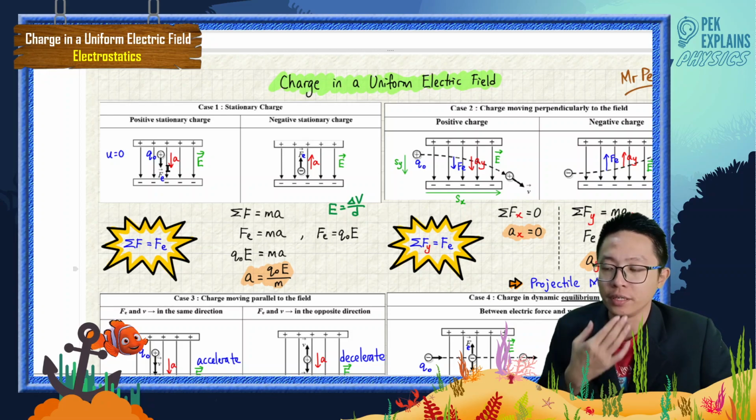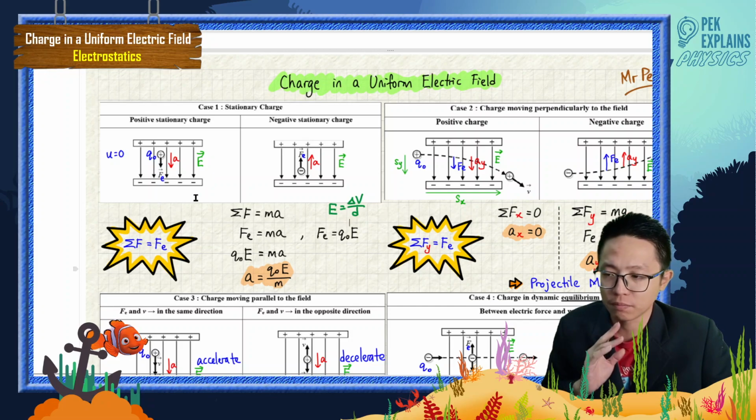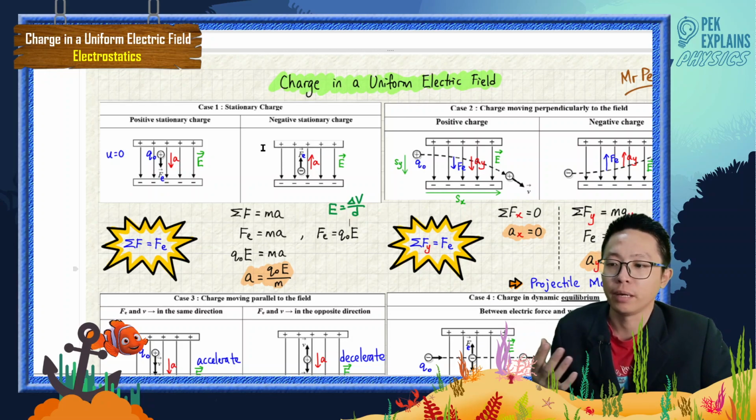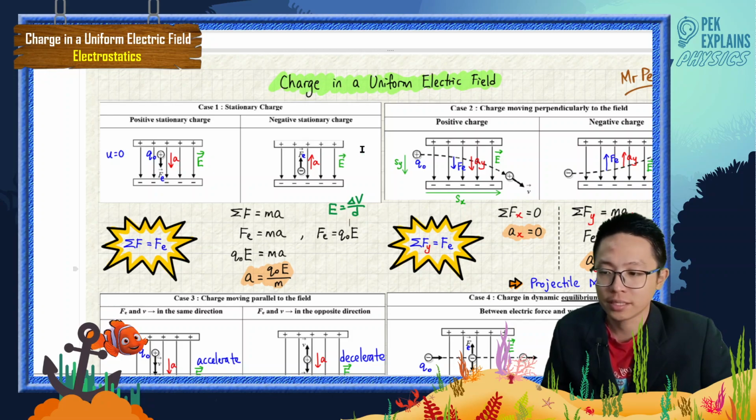The direction of the electric force is towards the negative plate. Why? Because a positive charge must be attracted by the negative plate, isn't it? A negative test charge is attracted by the positive plate, just like that.